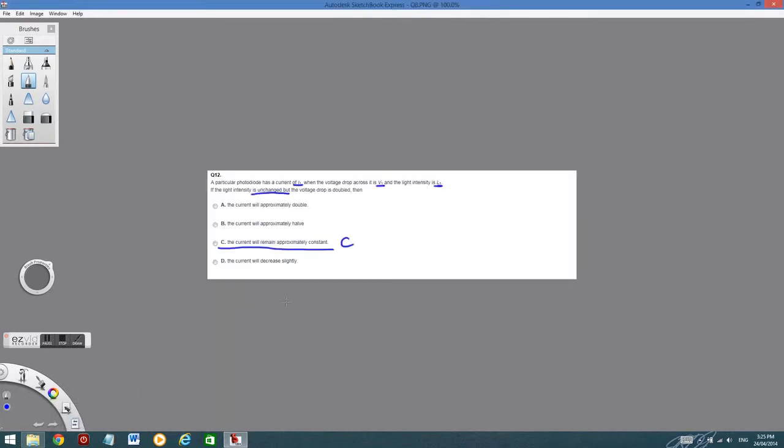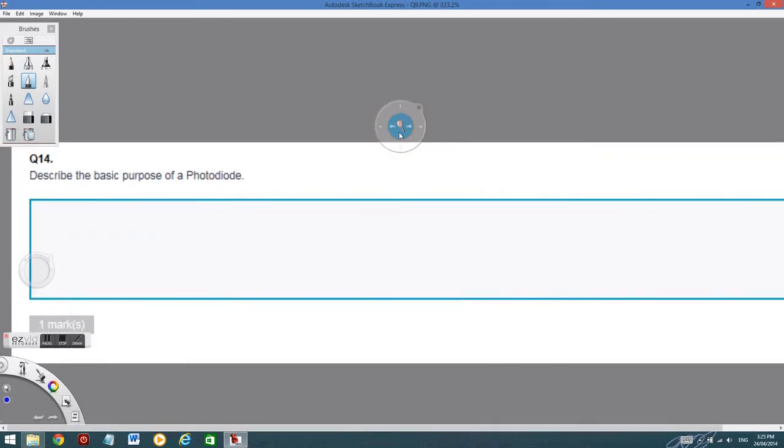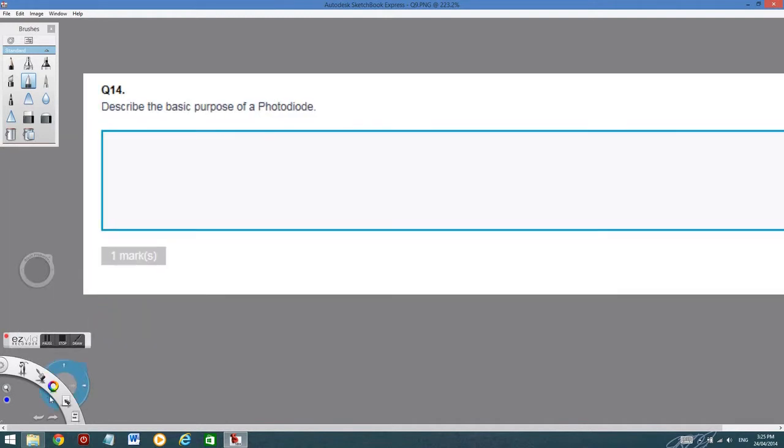Then have a look at the next question. Now, we talked about this kind of question before. By the way, those are exam style questions. The examiner asked me to describe the purpose of a photodiode.